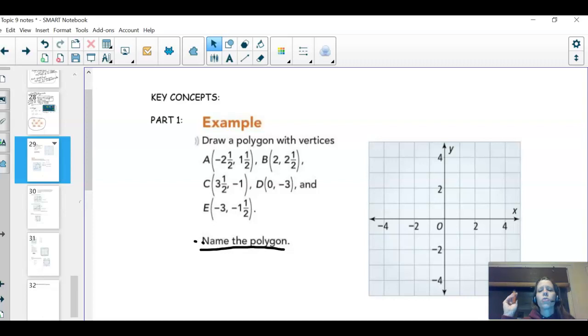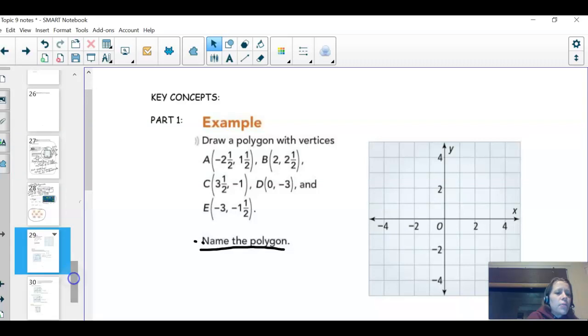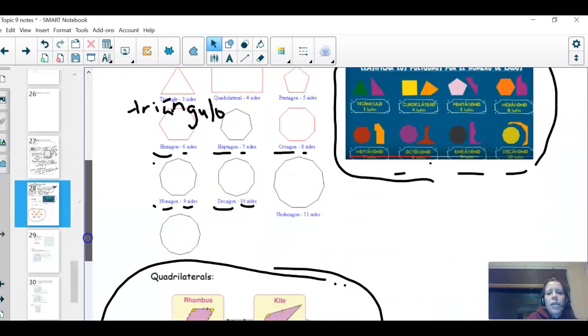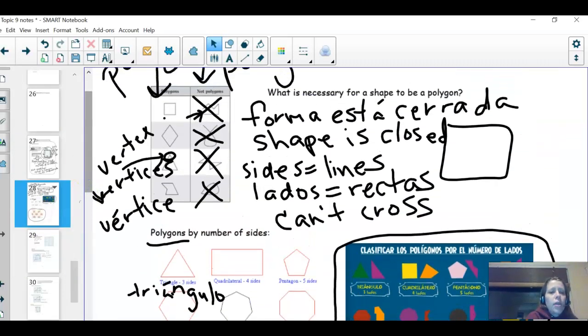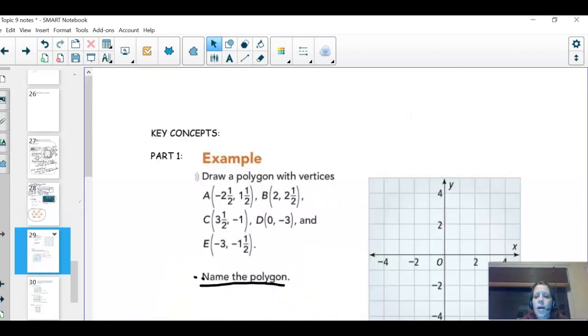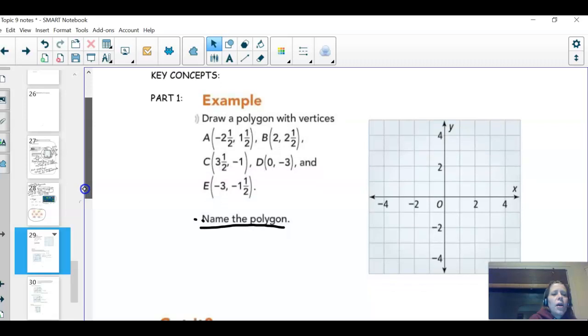Y entonces tú necesitas decir, yo pienso que el nombre del polígono es, y recuerdas que tú puedes buscar a esta página porque este puede ayudarte. Okay, tú puedes escribir en inglés o en español. Okay, so go ahead and pause the video. Find what you think the point is, and you're going to write your answer in the box.